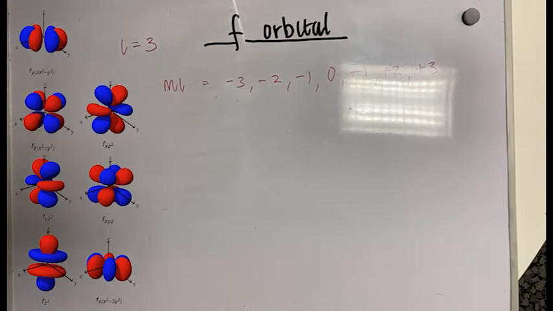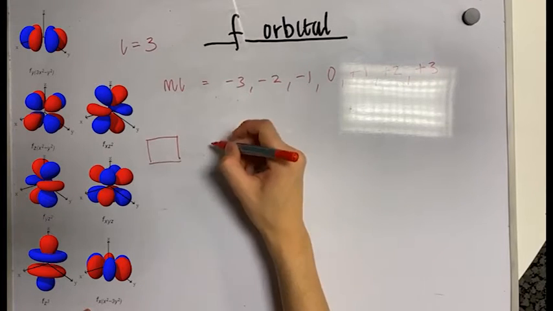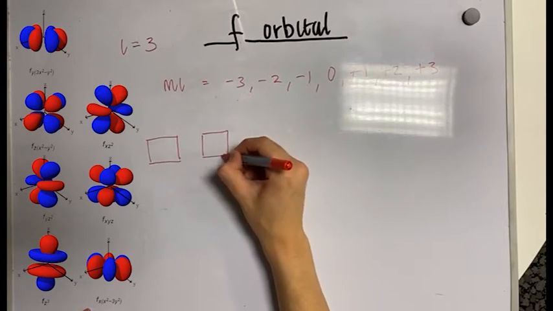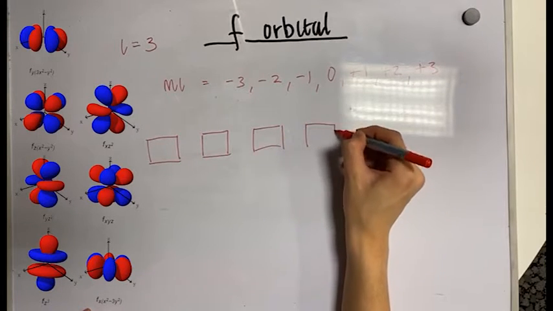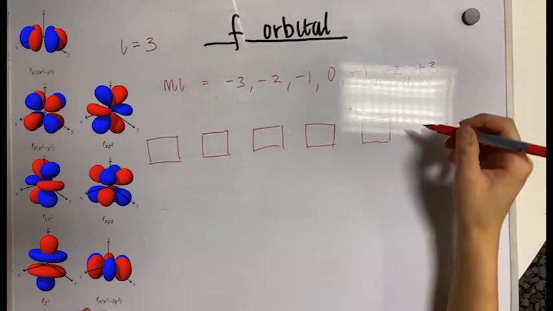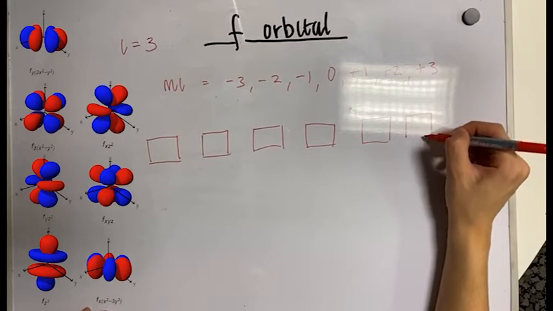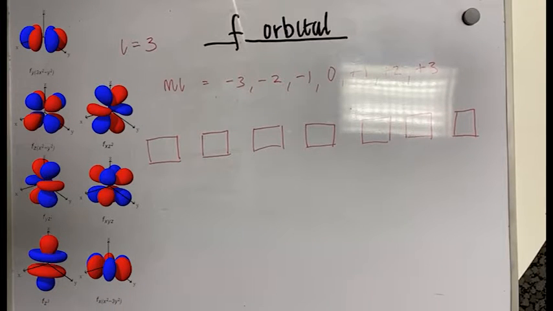Remember, ML is the magnetic quantum number, which describes the energy levels in a subshell and the orientation of the orbital. So f orbitals can have 7 orientations. So 7 different energies that the electrons can be accommodated within.